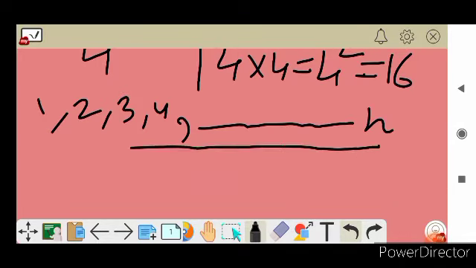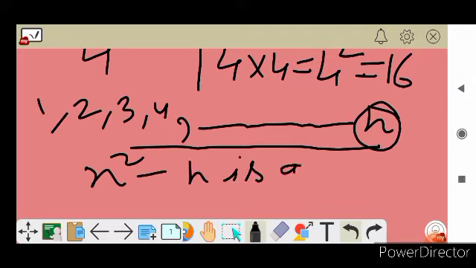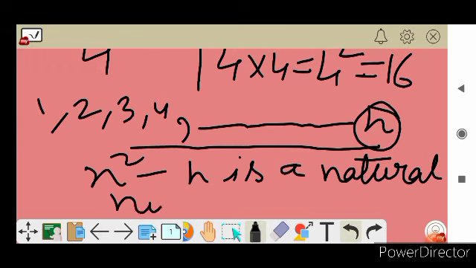These are natural numbers, and n can be expressed as n square where n is a natural number. Then m is a square number. Square number means m represents this.